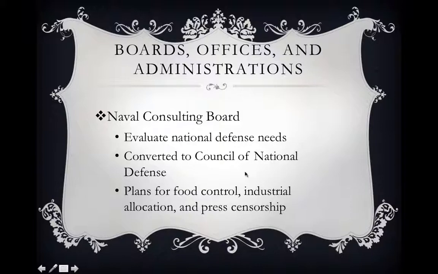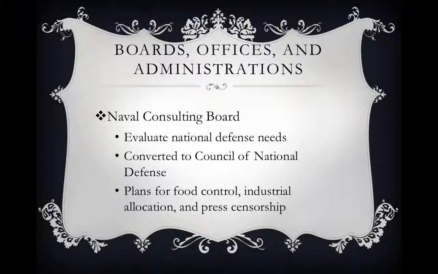This was very important because it laid plans out for controlling food supply and controlling food prices, the allocation of resources to different industries, making sure, for example, that enough steel went to the industries that were building naval vessels, making sure enough steel went to the industries that were going to make tanks and were going to make rifles, etc. All right, making sure that the top priority was the production of goods to prosecute the war.